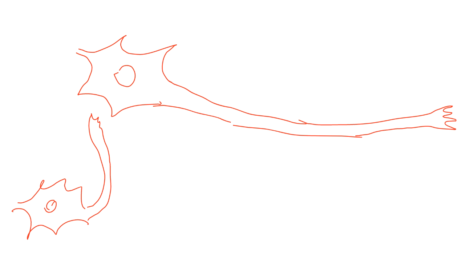So let's say this neuron number 1 here is the one that is receiving the command from the CNS to go. This neuron is going to create an action potential, which is going to release a neurotransmitter on the synapse between the two neurons.